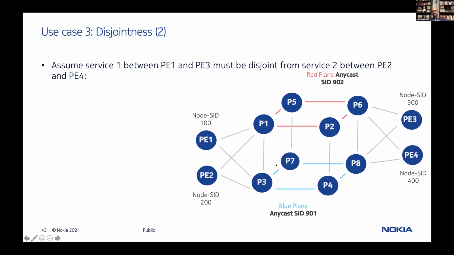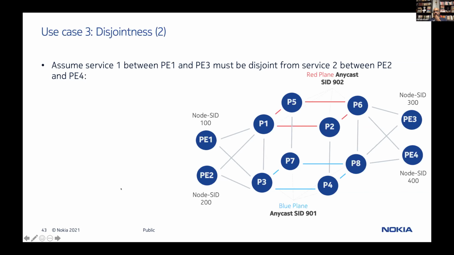And you've got a blue plane, P3, 4, 7, and 8. And you've got a bunch of provider edge routers. The provider edge routers are connected to both planes. So PE1 has a link to P1 in the red plane, and PE1 has a link to P3 in the blue plane, and so on and so forth for all of the other ones.